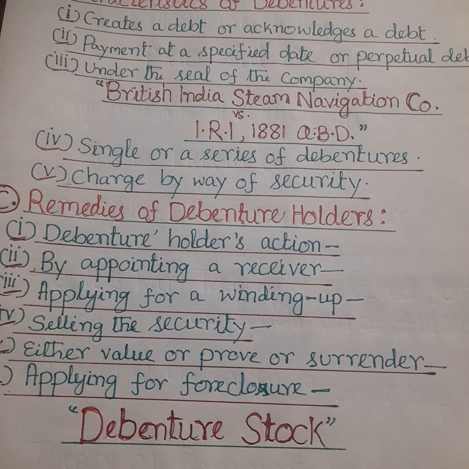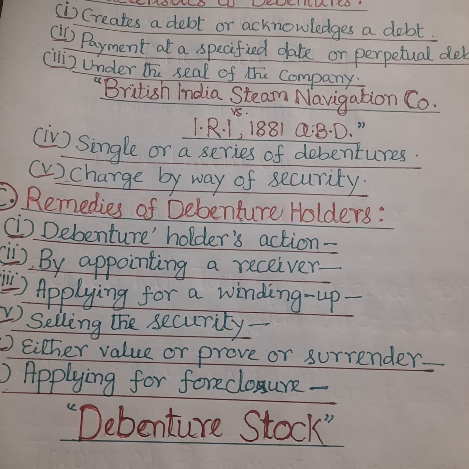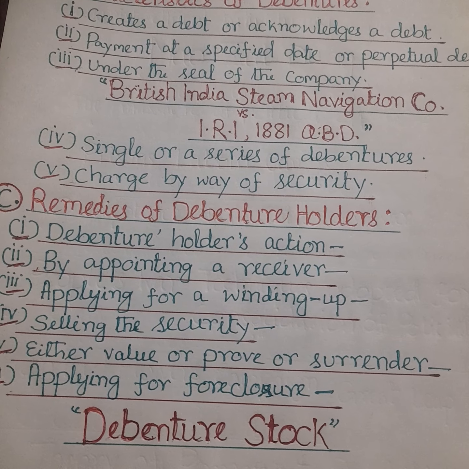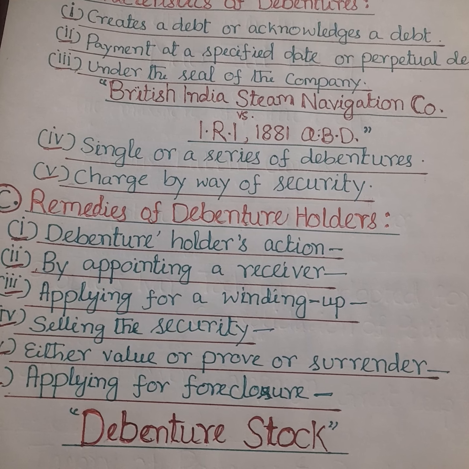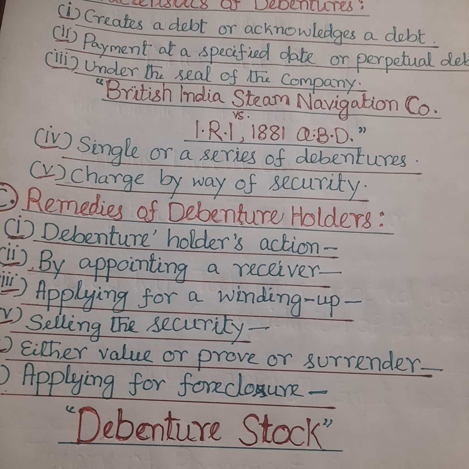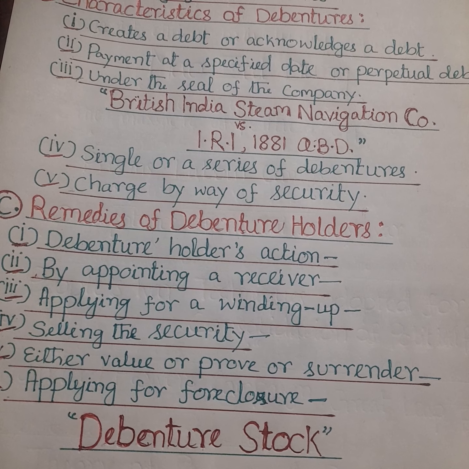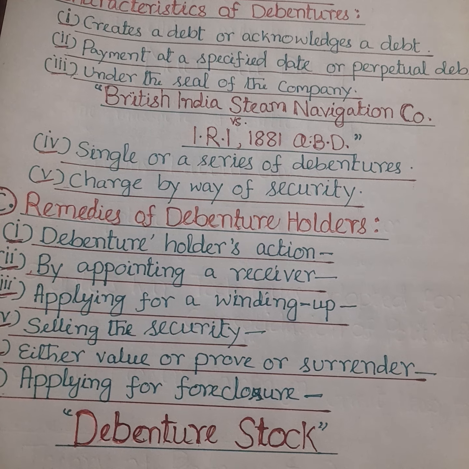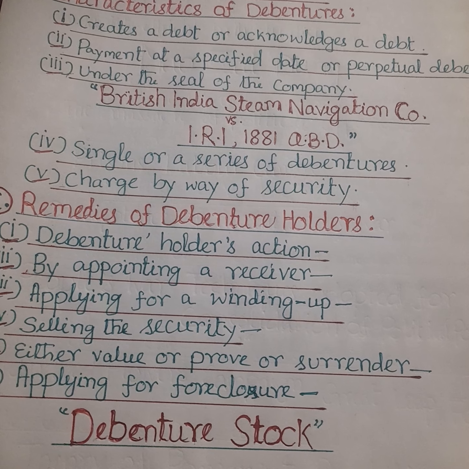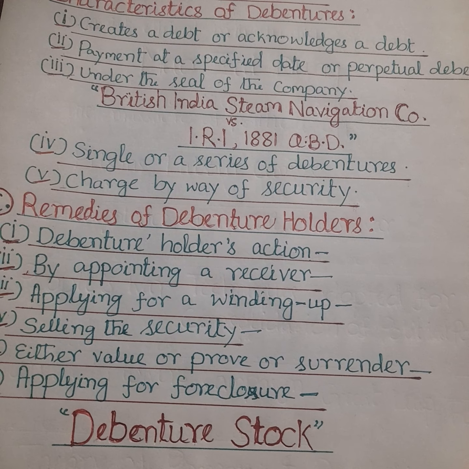And the second remedy available to the debenture holders is that the debenture holder can himself appoint a receiver where the power is so given to debenture holders.